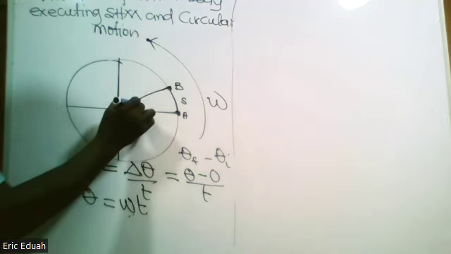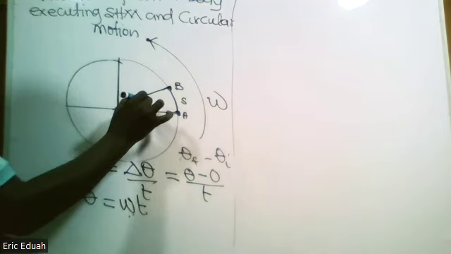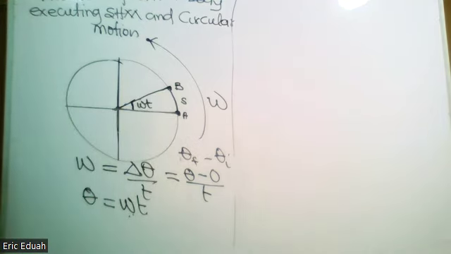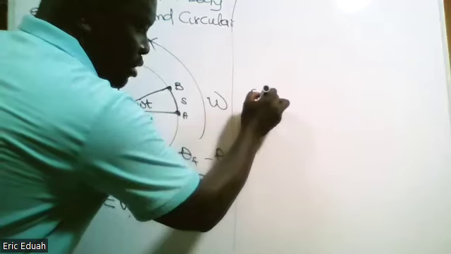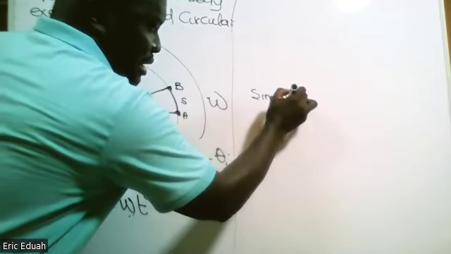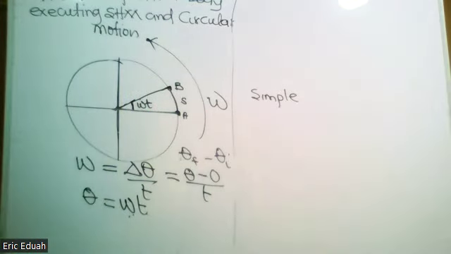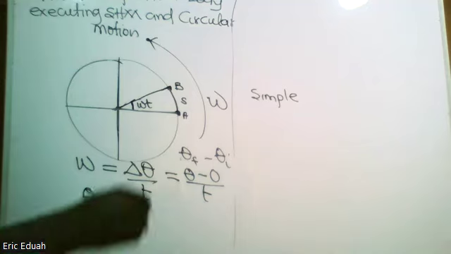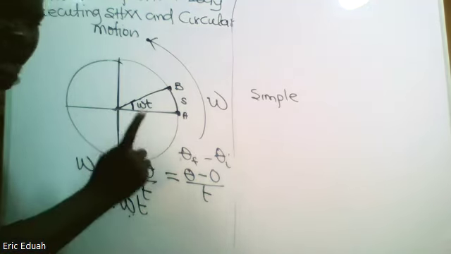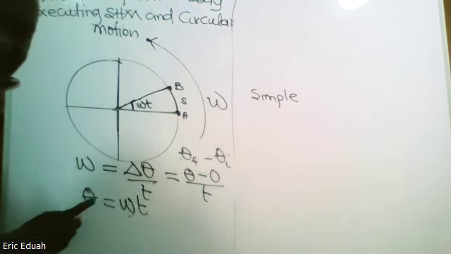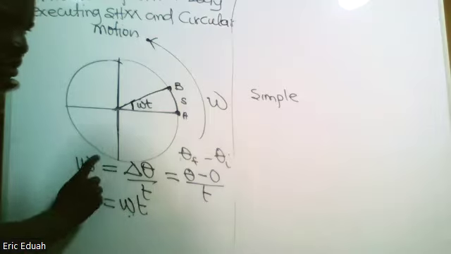So we clear this and write. And this is where the motion obtained this name, simple. The word simple there refers to the fact that this SHM occurs at a constant angular velocity omega.